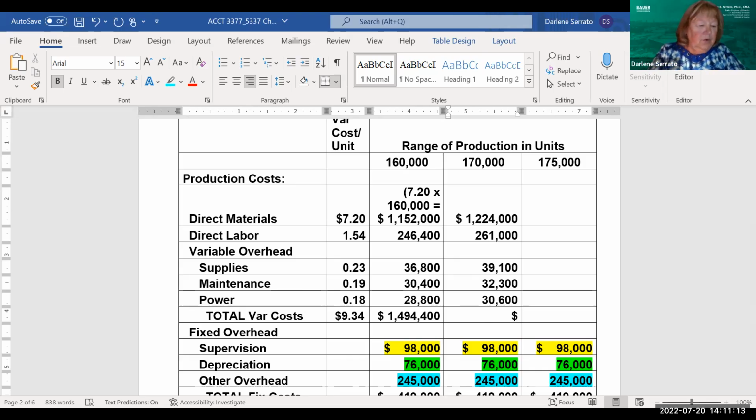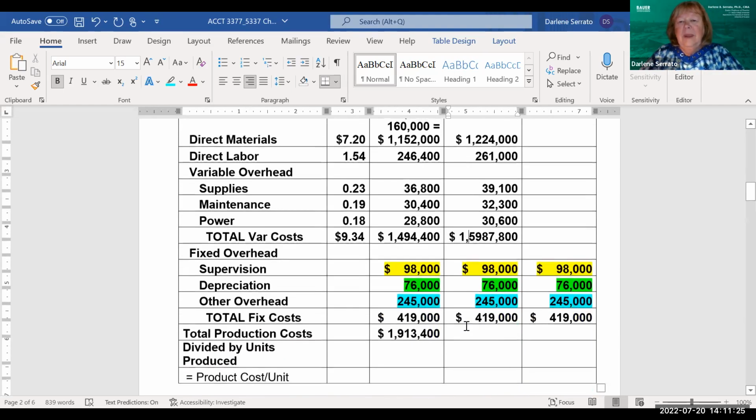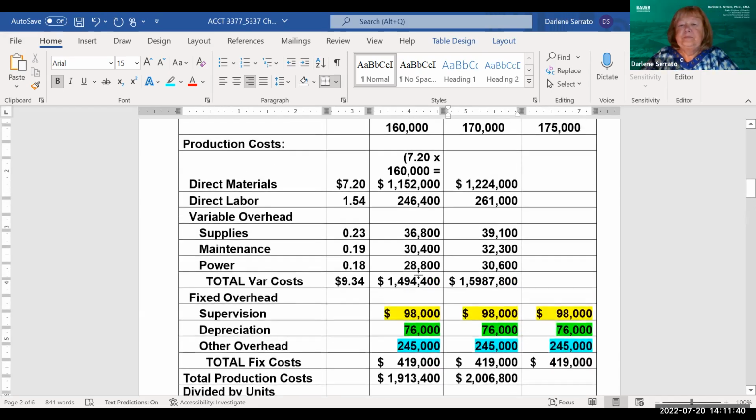So our total variable cost is 1,587,800. We add the 419,000 of fixed cost to give us total cost of 2,006,800.